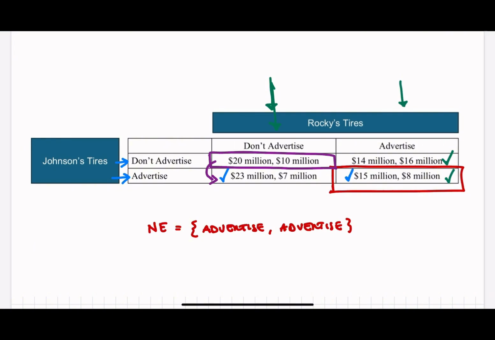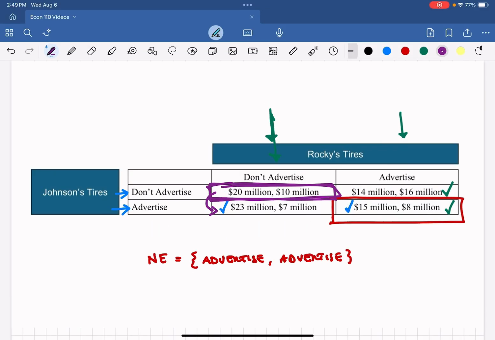So this is not a Nash equilibrium here because each firm has an incentive to deviate. And so these games where the outcome is that both firms are actually worse off than if they were to cooperate together are known as prisoner's dilemma. But not every game has to be a prisoner's dilemma.